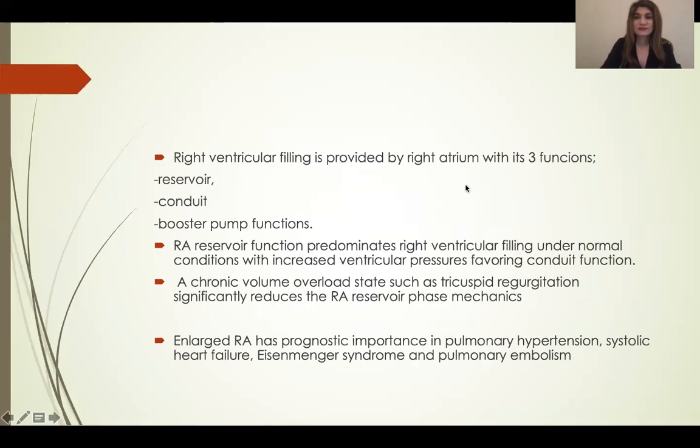And similar to the left atrium, the right atrium has 3 functions: reservoir, conduit, and pump functions. Right atrium reservoir function predominates in right ventricular filling under normal conditions, with increased ventricular pressures favoring conduit function.